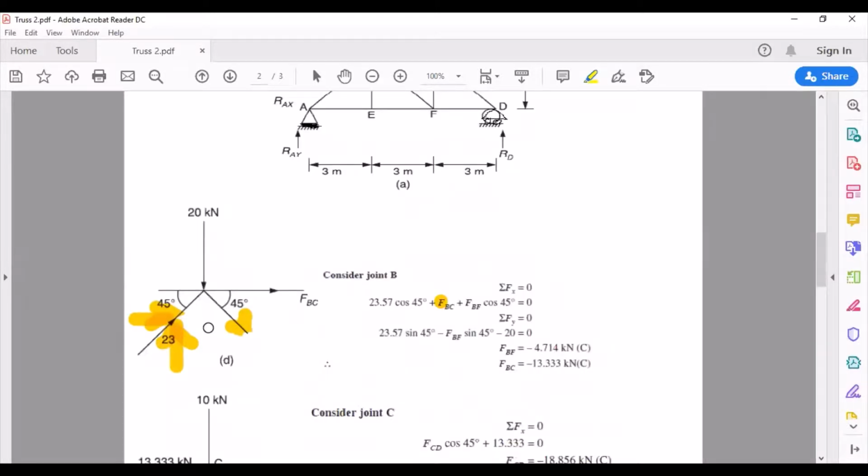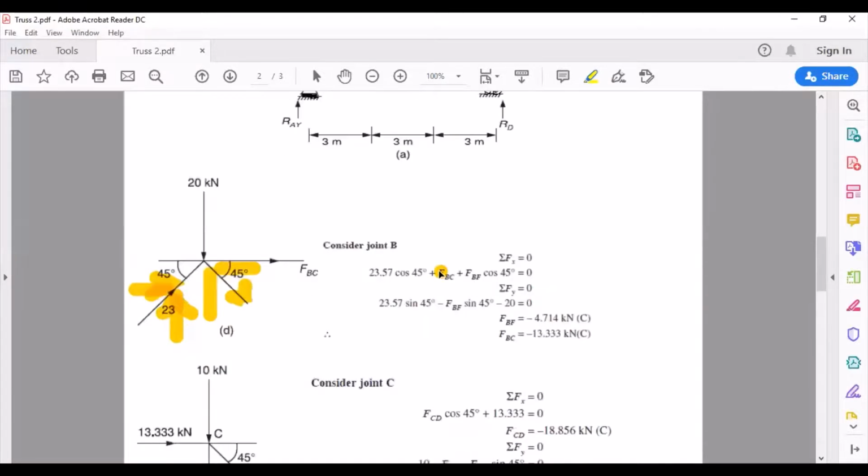This will have a component downward and rightward. Since rightward is positive, it is FBF cos 45, is equal to 0. Here both BC as well as BF are unknown, so two unknowns in this equation. I'll just keep it as it is and go for the next equation to solve.